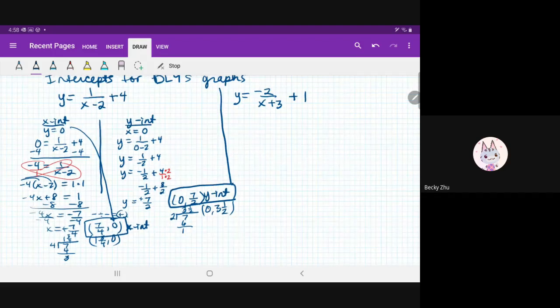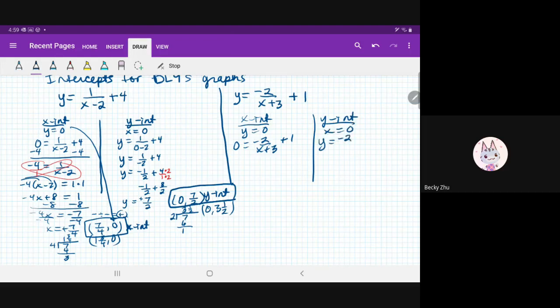I'll do this one. So x-intercept, y equals 0, 0 equals -2 over x plus 3 plus 1. And then I'm going to do the y-intercept, which is x equals 0. So you put a 0 in for the x instead. 0 plus 3 is 3.